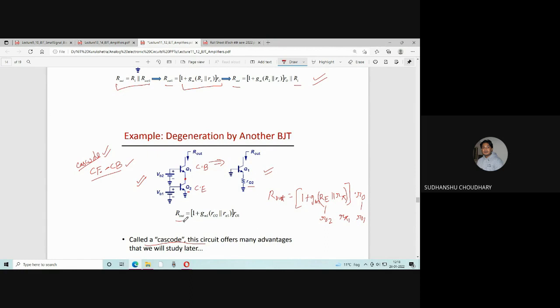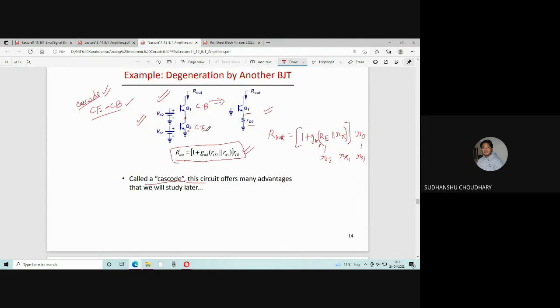So I finally find the output impedance of this as 1 plus gm1, this is also gm1 for this Q1, times RO2 here parallel to r pi 1 of this, and RO1 of this. So this is how one can find the output impedance of this complex circuit.